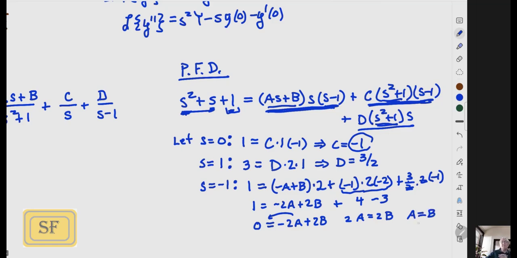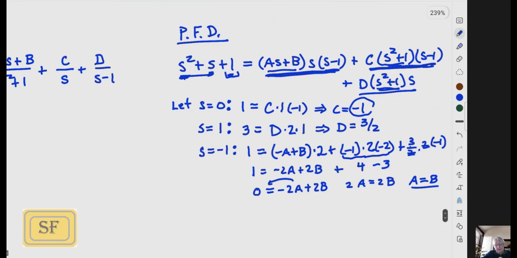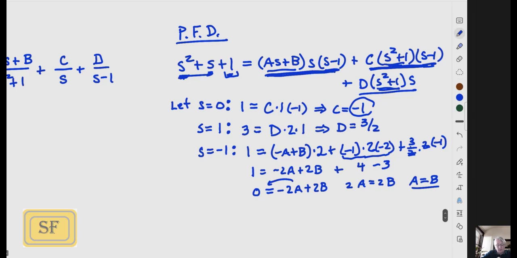So let's just choose one more value for S, and we'll just finish it this way. If S is 2, then on the left side of the equation, I get 2 squared plus 2 plus 1. 2 squared is 4, plus 2 is 6, plus 1 is 7, equals A times 2 plus B. So 2A, and A is B, so let me just replace that with A. So that's 2A plus A, that's 3A.